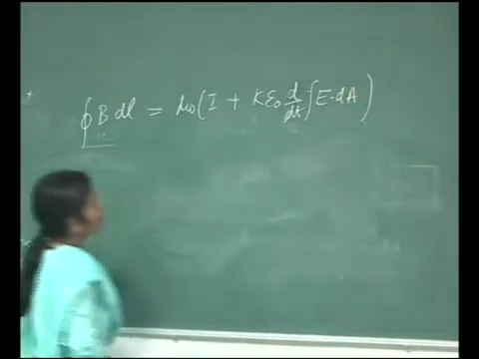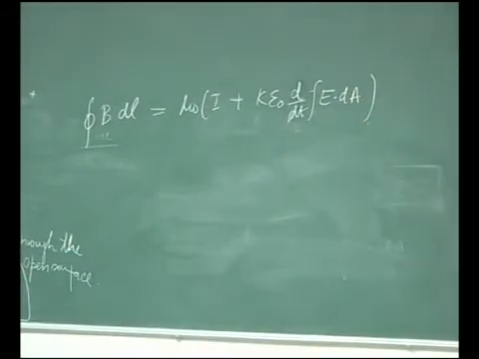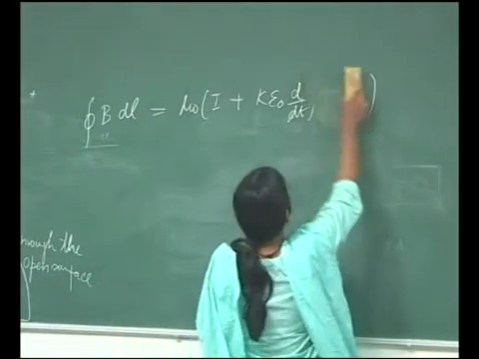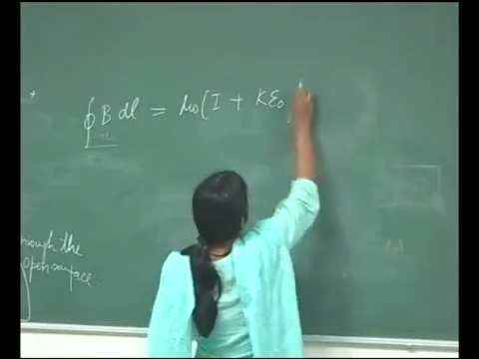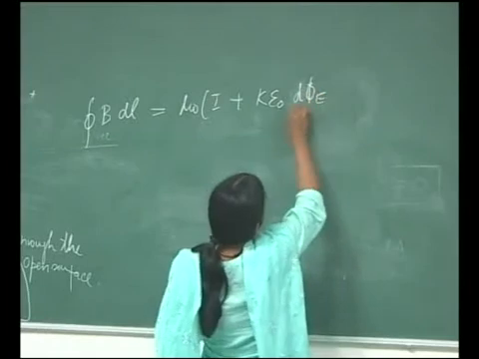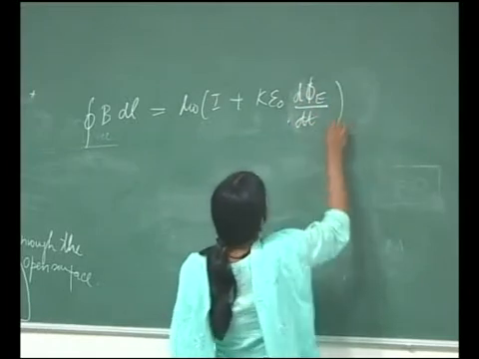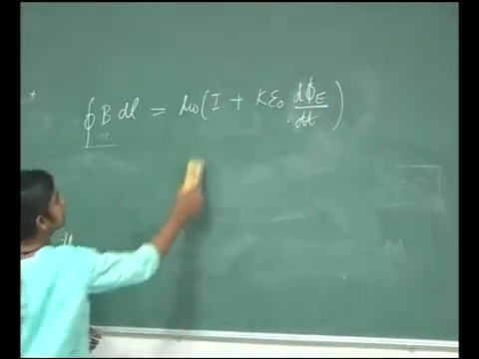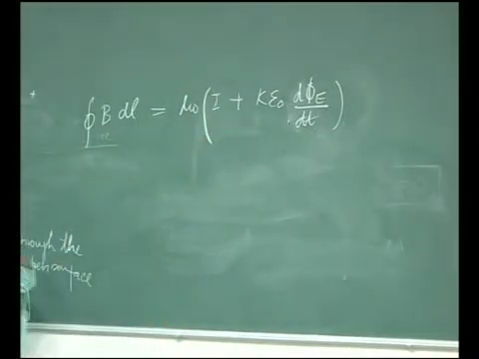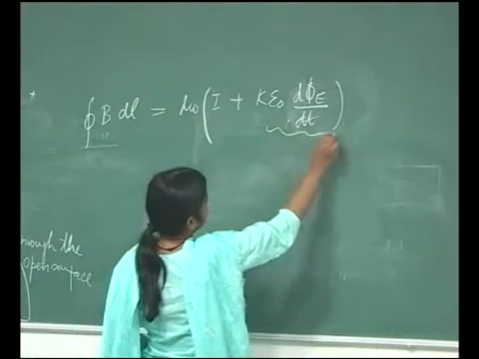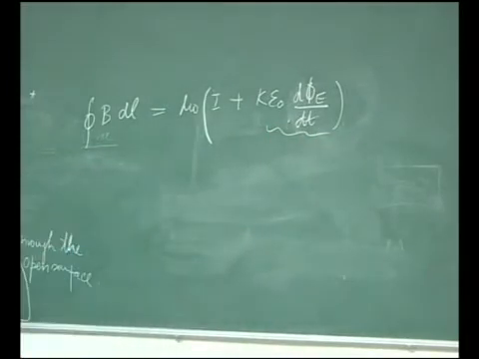Now, this is what Maxwell suggested. Or you can write here, let it be simple, d phi E by dt. Okay. And he said that this term is the displacement current.